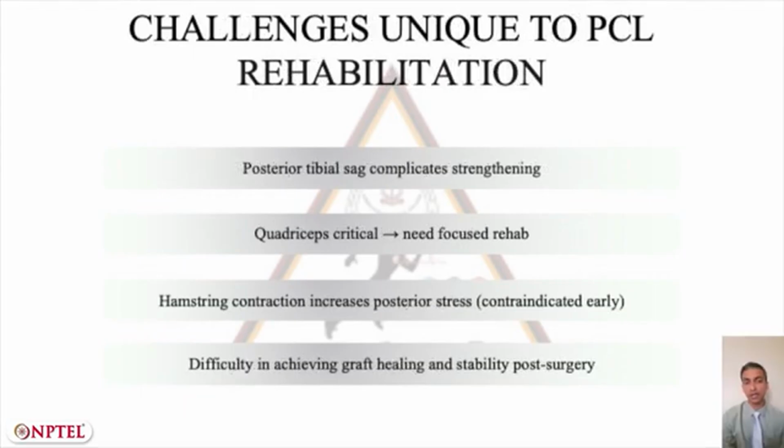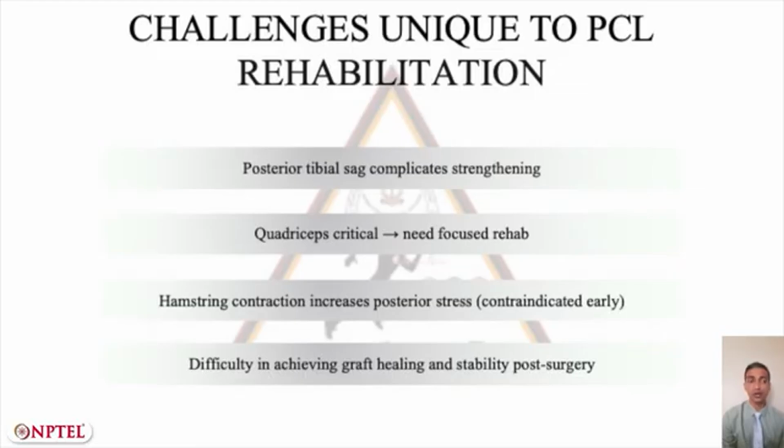Unlike ACL rehab, PCL rehabilitation has its unique challenges. The posterior sag of the tibia complicates joint alignment. Strengthening the quadriceps is crucial because they act as a dynamic stabilizer against posterior tibial shift.